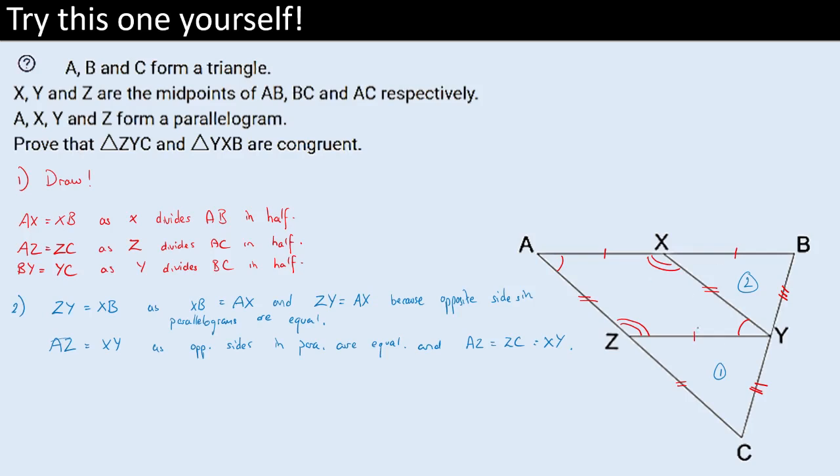So we've got that one is equal to that one. We've got this one is equal to this one. And then we're just left with BY equals YC, which we've said above. And there we go. We have a side proof of congruency. There we go. We can stop.